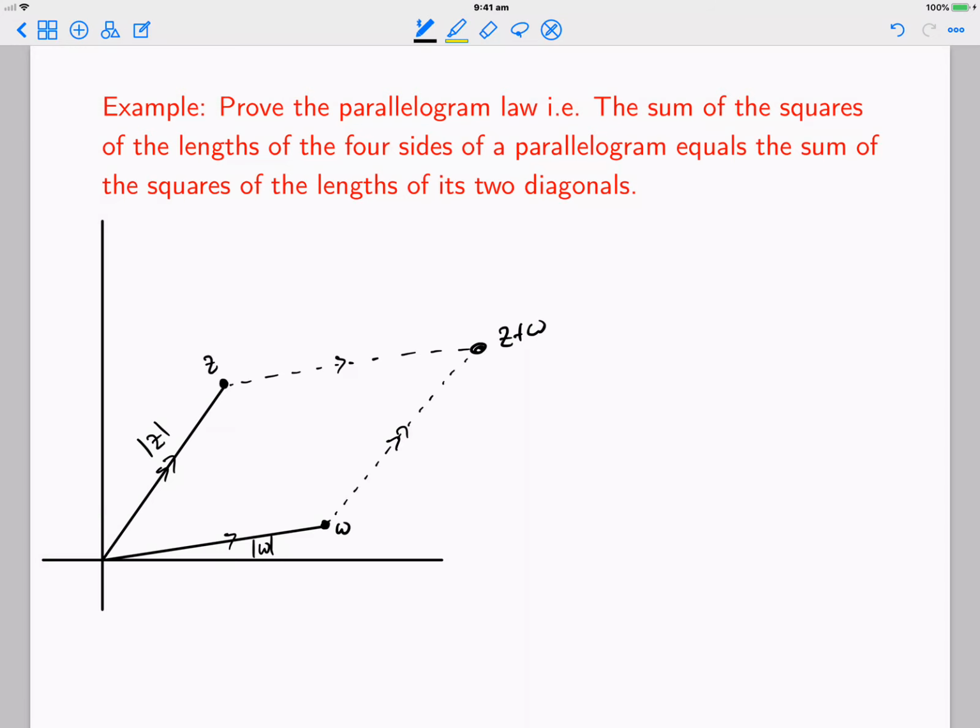Because it's a parallelogram, the length of this side is the same as the length of the opposite side, and likewise for the other pair. So the sum of the squares of the lengths of the four sides is just 2 times (modulus of Z squared plus modulus of W squared). And this should equal the sum of the squares of the lengths of its two diagonals.